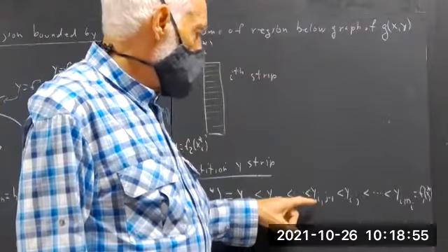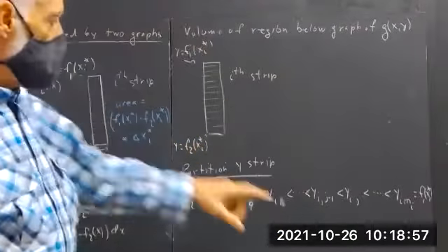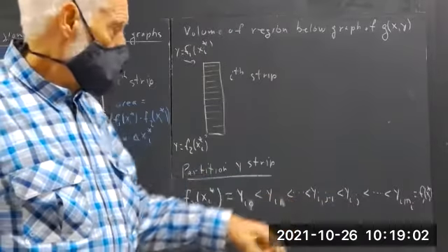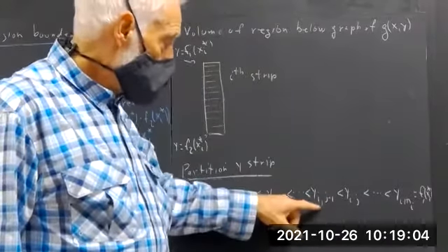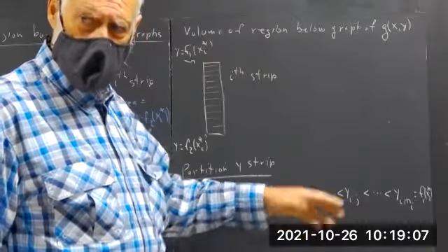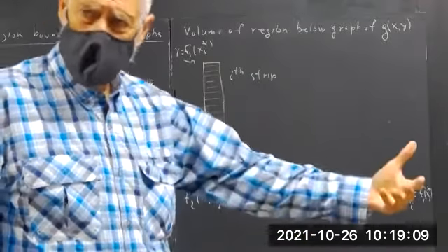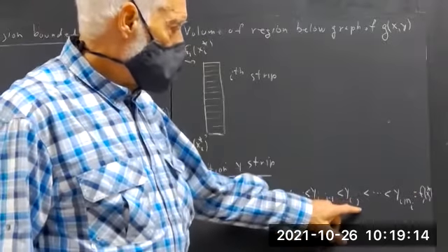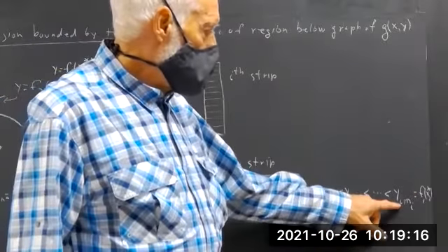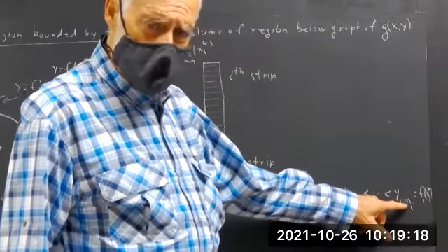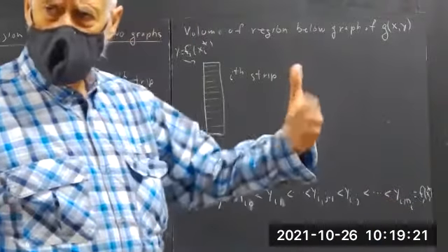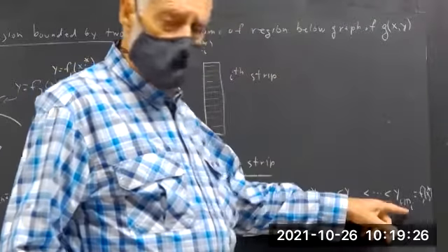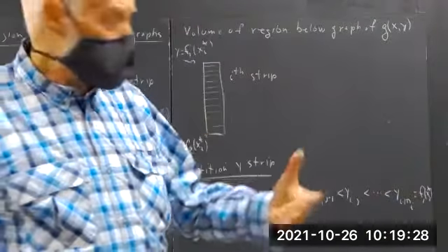But the typical interval will then be y sub i, j minus 1. I used a comma here to indicate we only have two numbers, i and j minus 1. Otherwise, you might read it as three numbers, i, j, negative 1. Then we have y sub i, j. Then up to y sub i, m. And we use m, and m for the maximum indices in our previous partition, the rectangle.